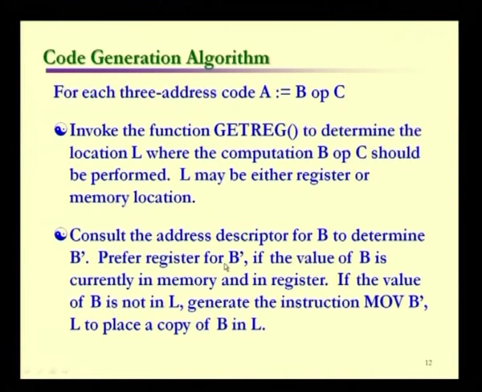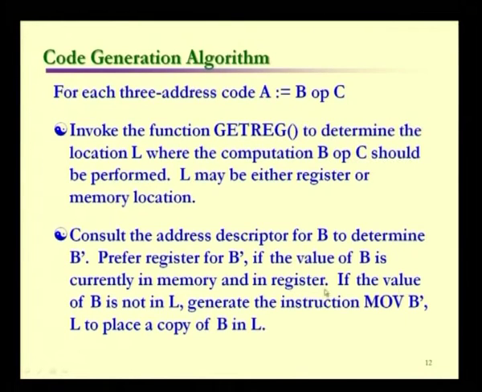If B is already in a register, prefer that. If B is not in a register but only in memory, then we move it into a register. If B is in both memory and a register, prefer the value in the register.